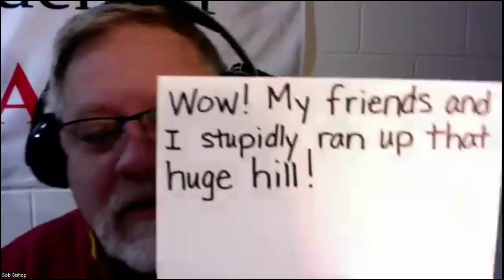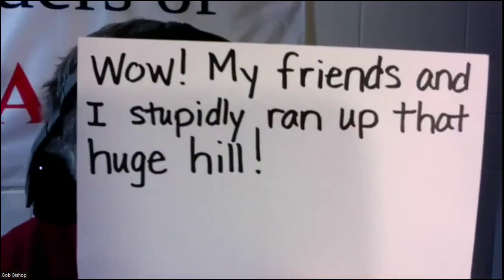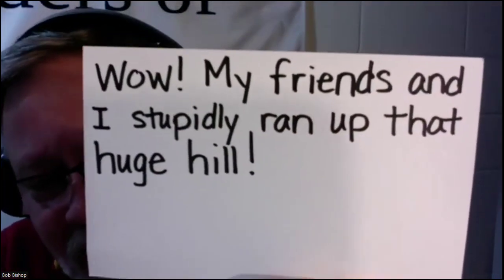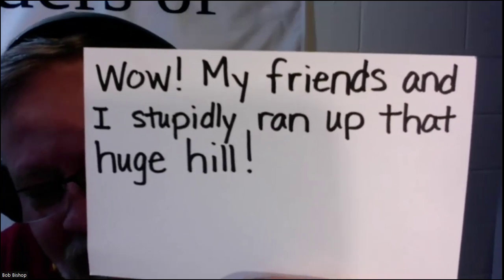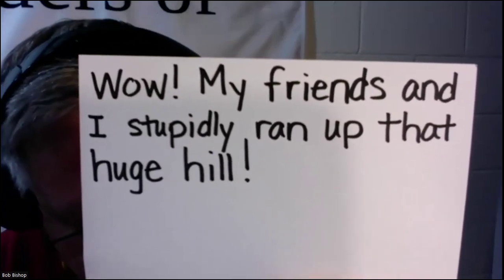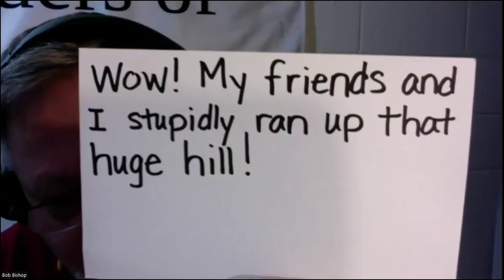So here we go. What are the adjectives in this sentence? Huge. Okay, one is going to be huge because it describes the hill. The hill is huge.